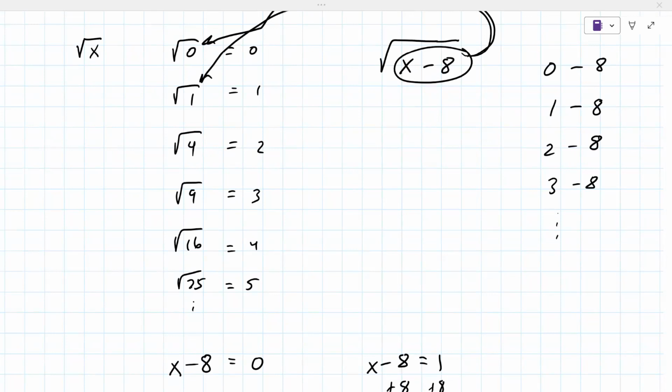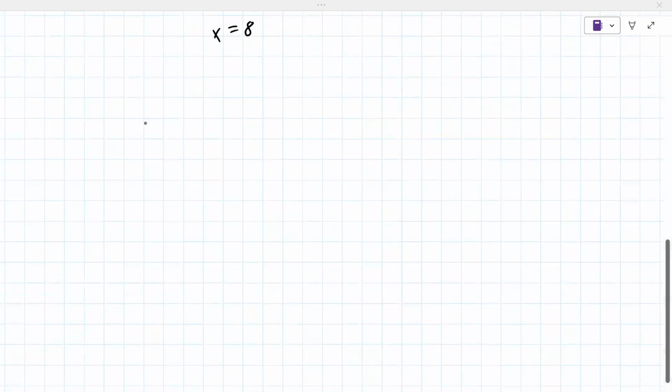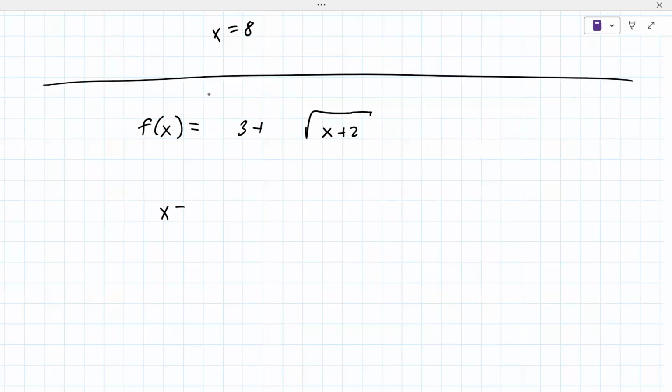All right. So the point here is, if I give you a problem, if I say f of x equals 3 plus the square root of x plus 2, you have to come up with some x values that make sense. Like x equals 0 is bad. The reason it's bad is because 0 plus 2 is 2, and the square root of 2 is unknown.